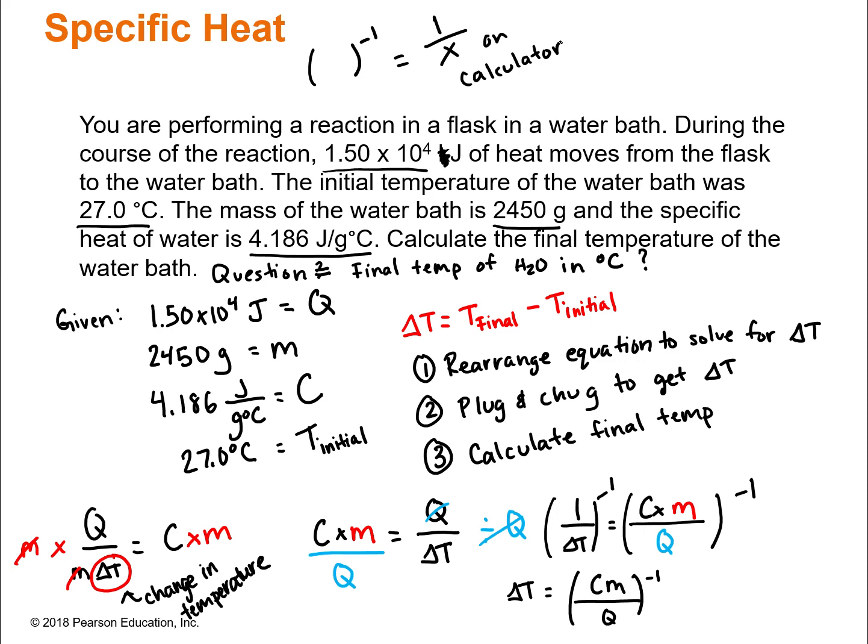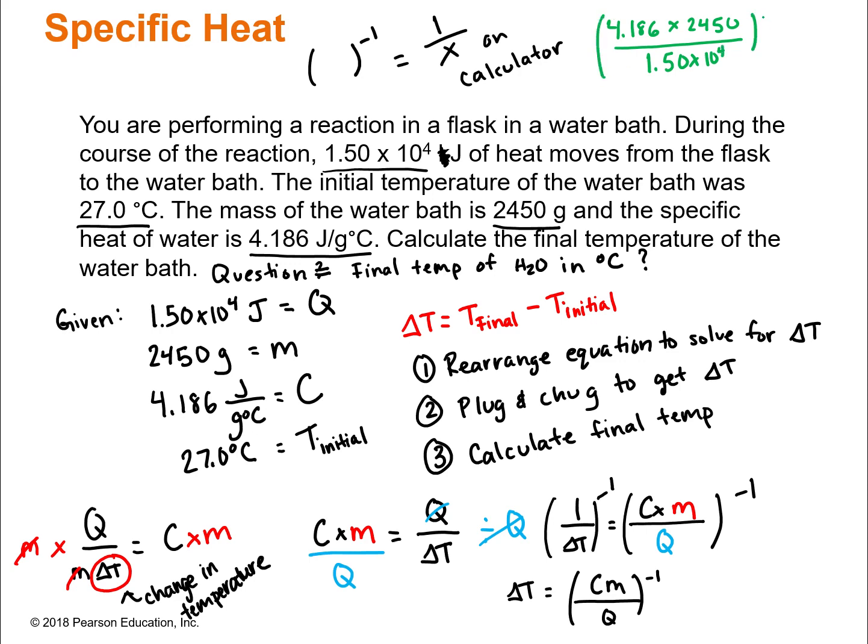And the way that you put this into your calculator, I'll write that in green so it stands out. You take your C, 4.186, times the mass, 2450, divided by Q, 1.50 times 10 to the 4th.